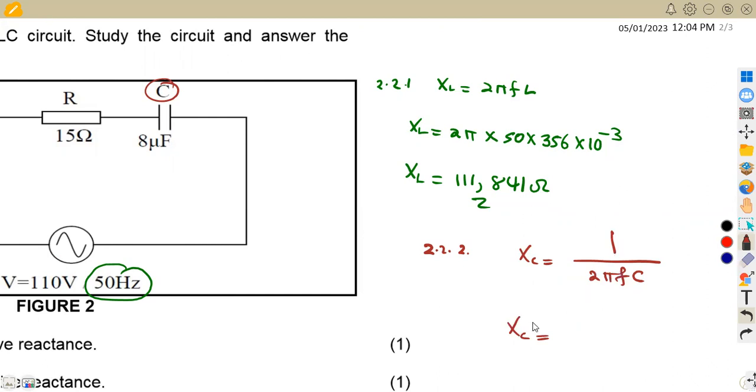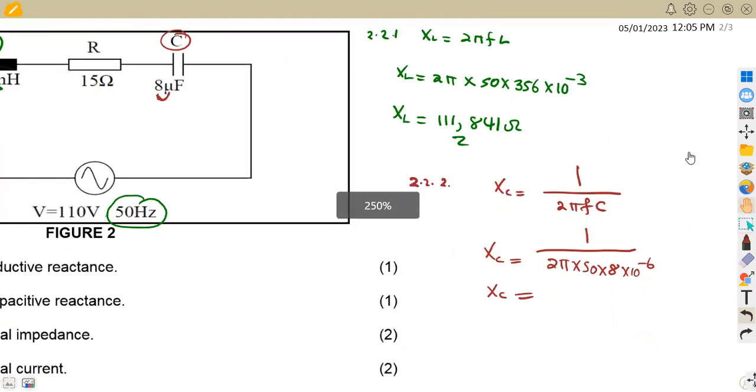All right, so XC is equal to 1/2 pi times the frequency, our frequency that's at 50 hertz, times the capacitance, which is 8 microfarad. So micro, that's times 10 to the exponent of -6.